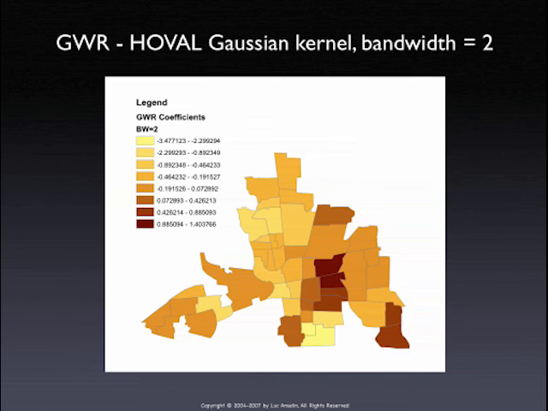The reason why I don't want to push it further is because in the end we haven't really explained anything. What we find is clear evidence that the relationship that we posited, our regression relationship, is not stable across space. What we haven't done is explained why it is not stable across space. So it is a powerful technique in that it gets around this problem of us a priori imposing how the parameter will vary.